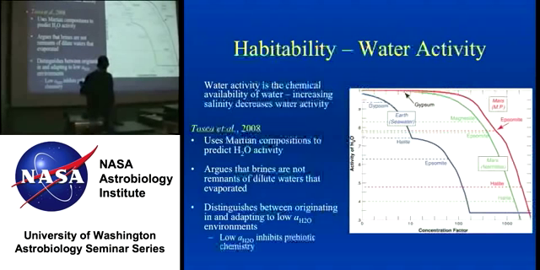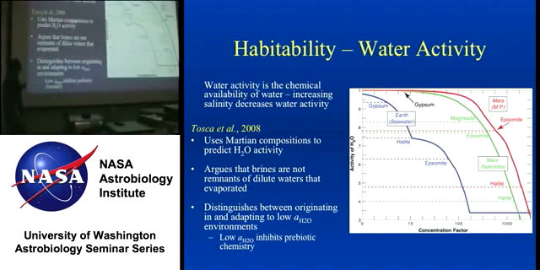And this is summarized from Nick Tosca, who had a paper that came out in Science this year, where he basically looked at the geochemistry of the Martian surface as we know it, or as we can presume it might be, and tried to understand what the water activity was in the environment. And water activity is essentially the chemical availability of the water. For example, increasing the salinity of the liquid basically decreases the water activity. And if it's too saline, life won't be able to survive. So he's got a couple of different points.